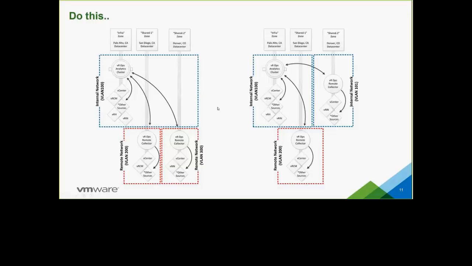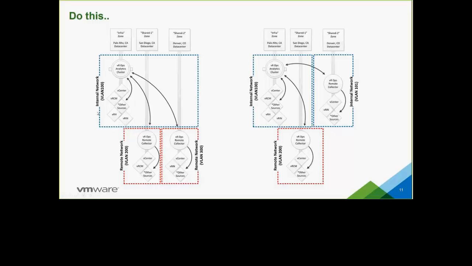All right, so a little bit more technical here. These are different ways of deploying vROps. As you can see, these are two examples of how you can do it. So if you look there, you have your vROps on the left-hand panel here.